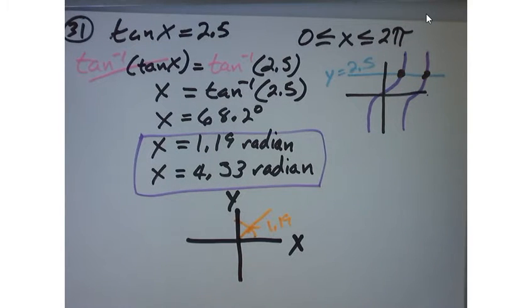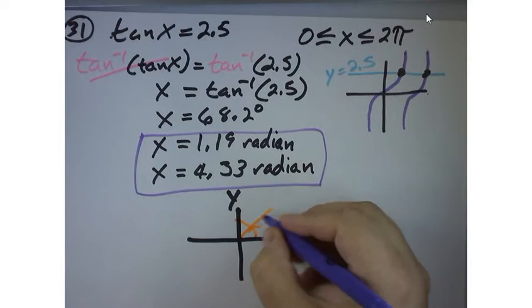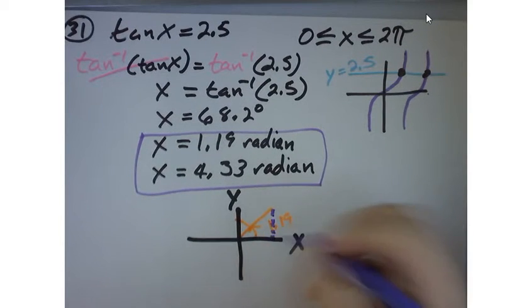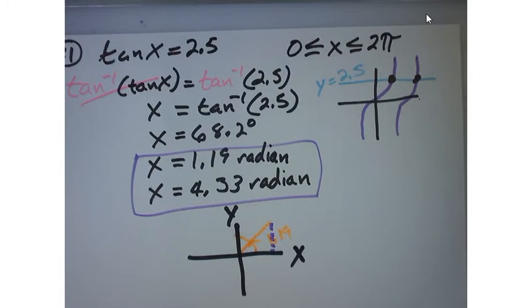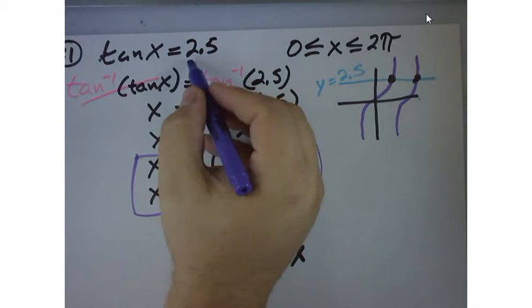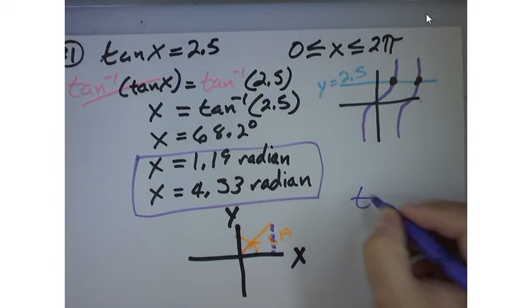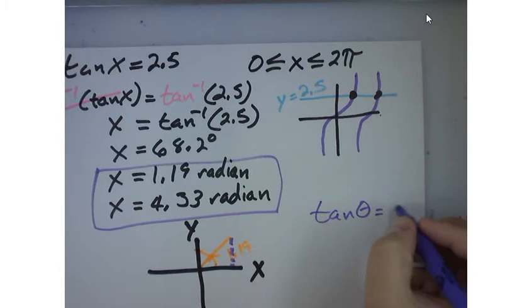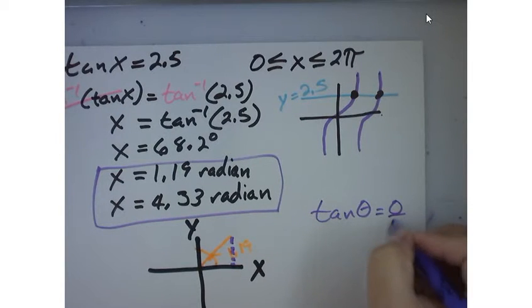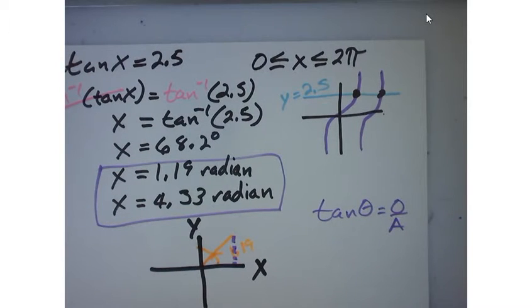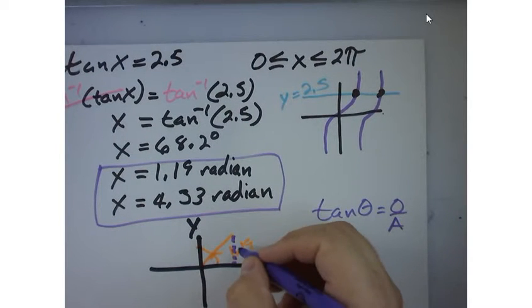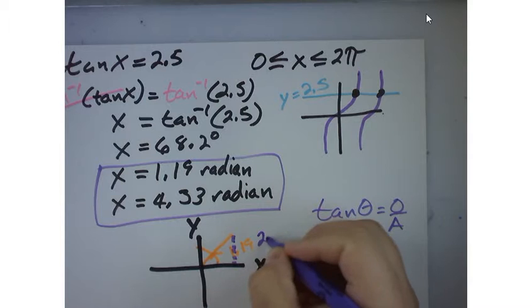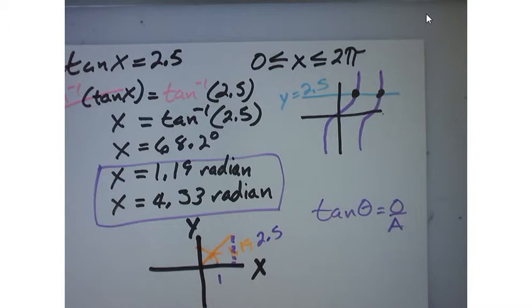I'm going to make a right triangle, where remember that tangent of theta is equal to the opposite over the adjacent. And so this proportion here really could be like 2.5 to 1, however you want to write it out.